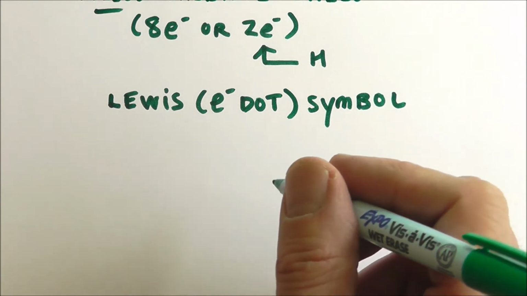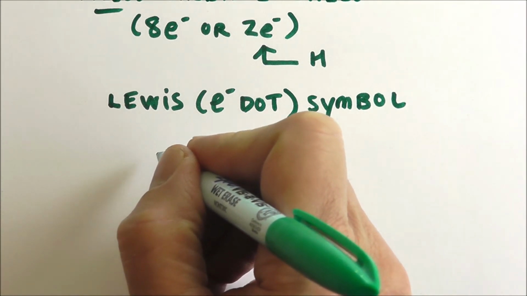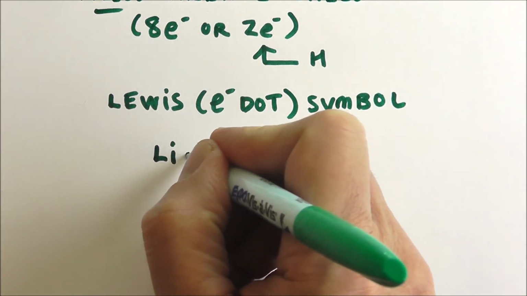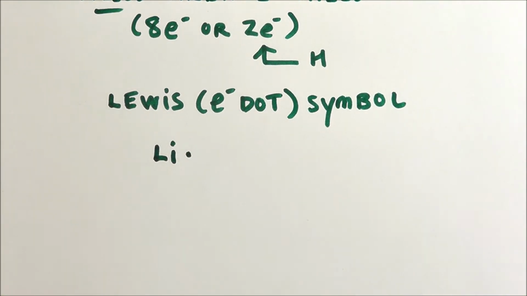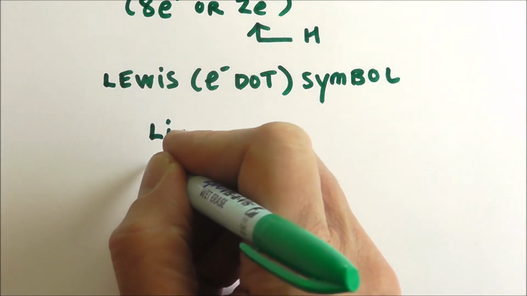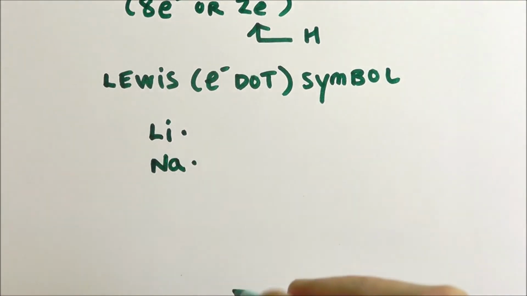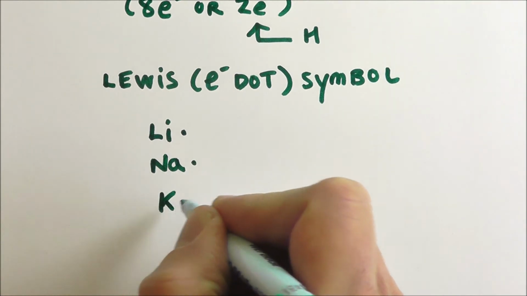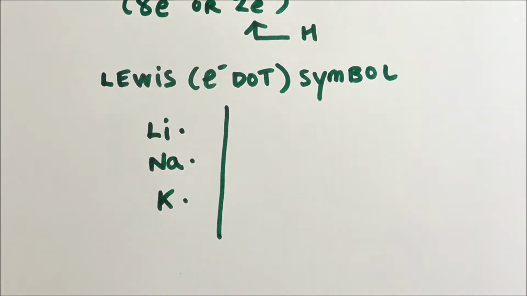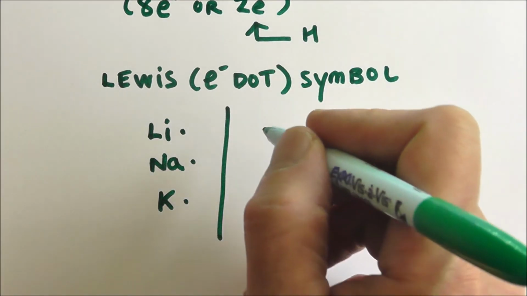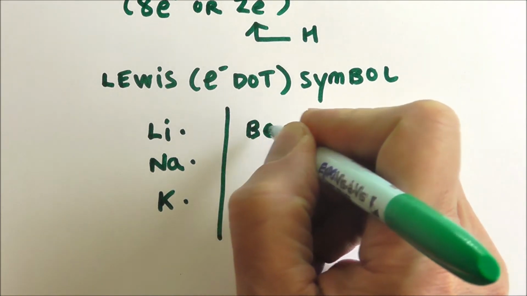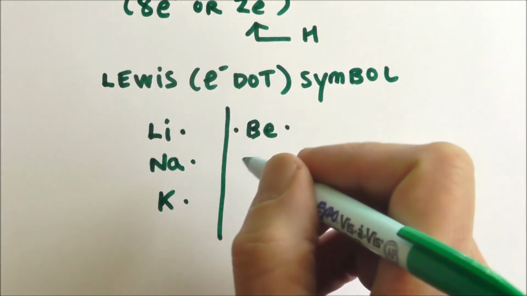If we take the same family as sodium, we write a dot, meaning that is its valence electron. Sodium is 1 dot, and down to potassium. That's group 1, the alkali metals. Now let's go over a family: beryllium, 2 dots.